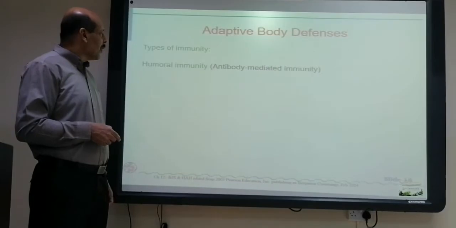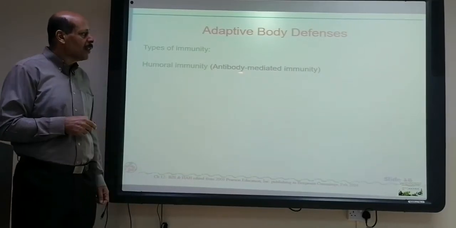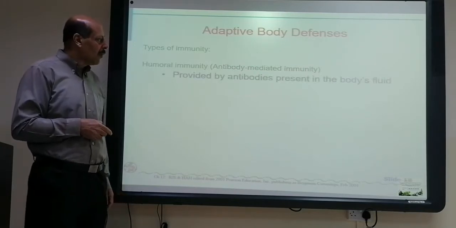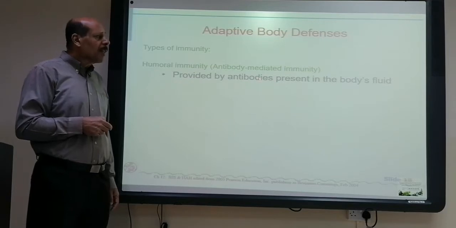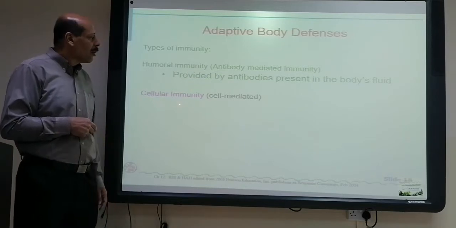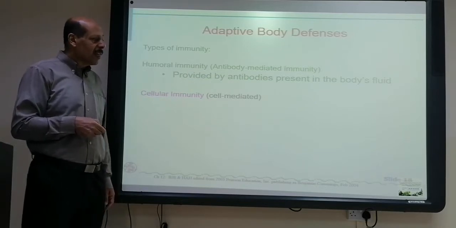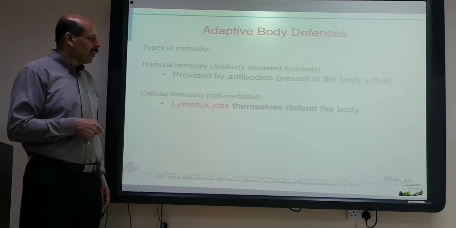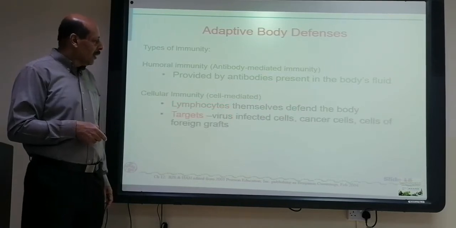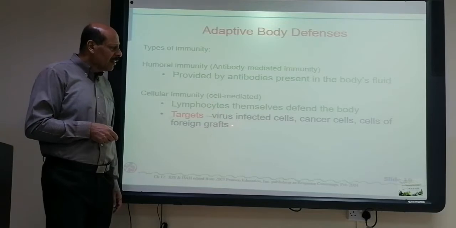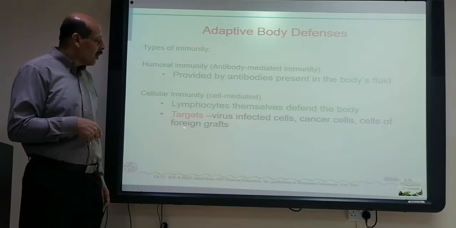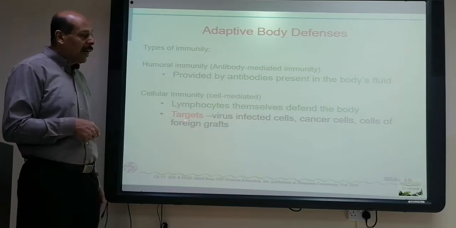The humoral immunity is provided by antibodies present in the body fluid, in the plasma: circulating immunity. Cell-mediated immunity is where the lymphocytes themselves defend the body and target virus-infected cells, cancer cells, and cells of a foreign graft, so they are attacking them.